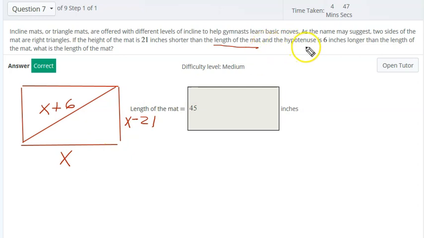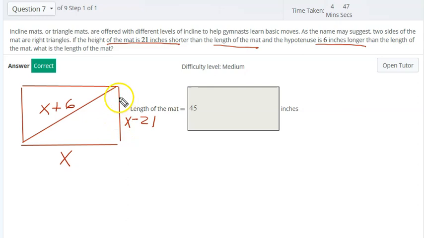The hypotenuse is 6 inches longer than the length of the mat, while the height over here is going to be 21 inches shorter. So there are your three sides.